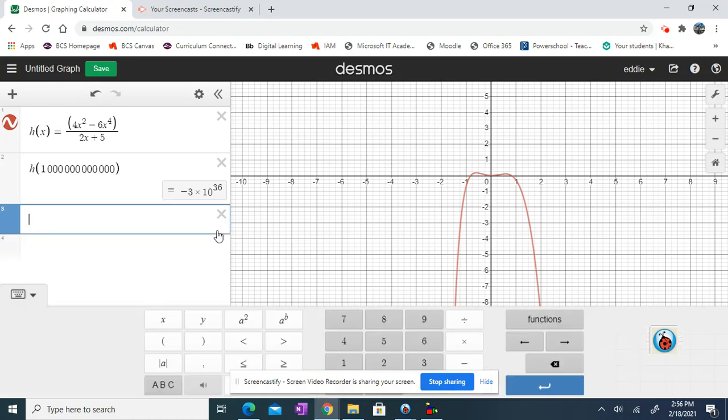So my answer on this is correct. As x is getting big in a positive way, y is getting big in a negative way. But what if I change that to a negative? My prediction was that would be a positive. So let me make that a negative. And as you can see, it is a positive, but it doesn't look that way on the graph.